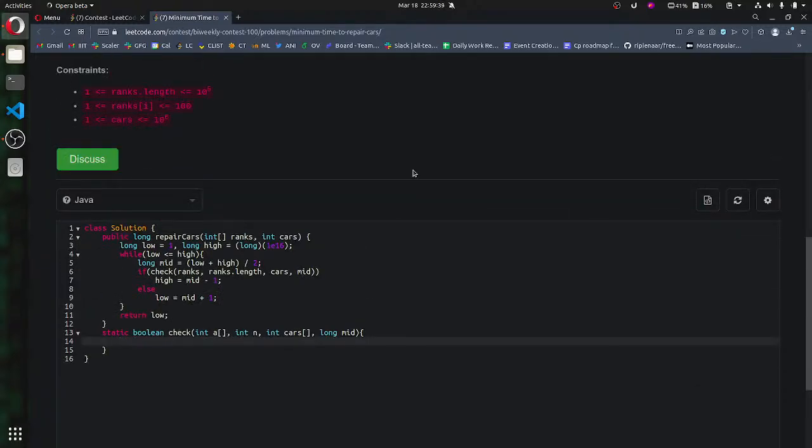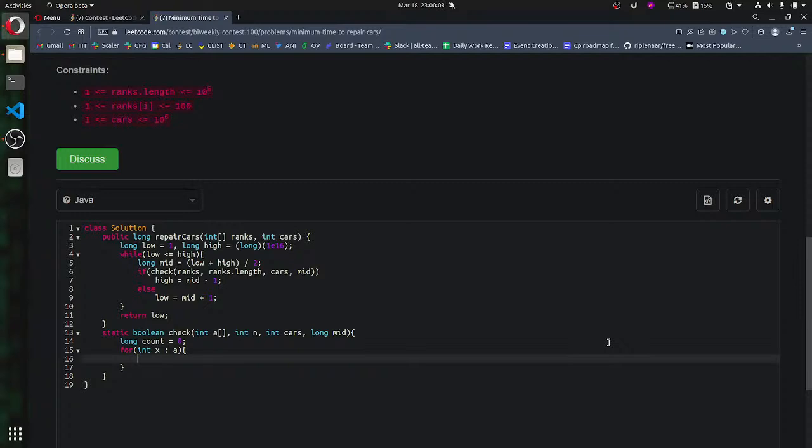Now what we will do is long count equal to 0. Cars is not an array, cars is just a number. How many cars can a mechanic do? So r into x into n square should be less than equal to mid.